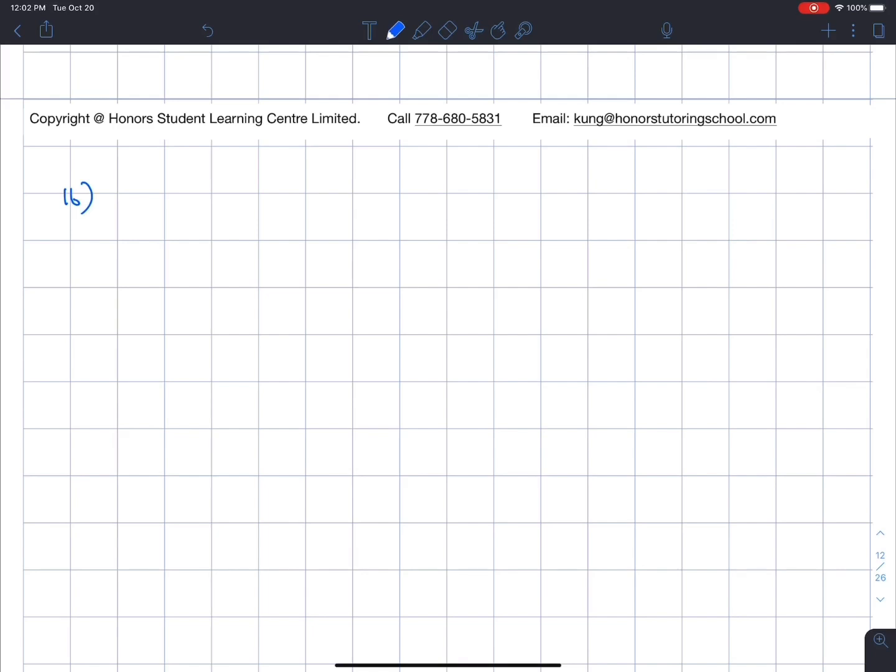Question 16. Water weighs approximately 62.5 pounds per cubic foot. How many cubic feet does 281.25 pounds of water occupy? Same idea, just dividing. So 62.5 pounds will give us 1 cubic foot of water.